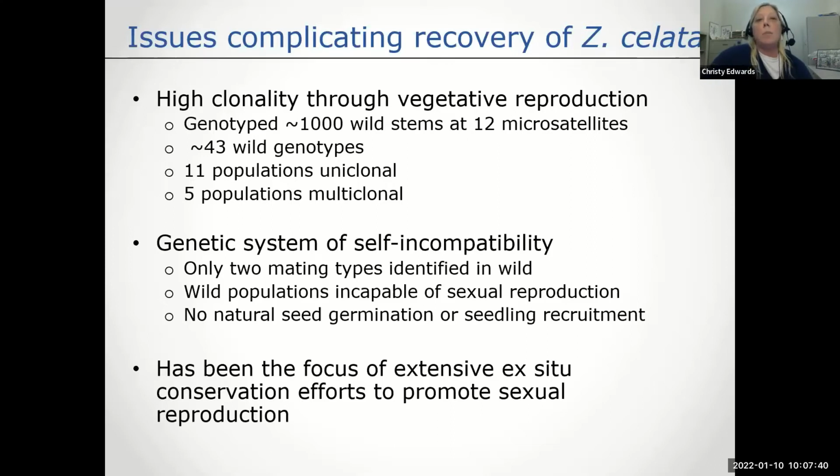And then because there are multiple cross-compatible genotypes there, they're actually producing fruits, and those fruits are being germinated and then put out for reintroductions. But it's really important in a situation where you have these reproductive issues to have genetic information to guide it, because otherwise you would just be working blind.